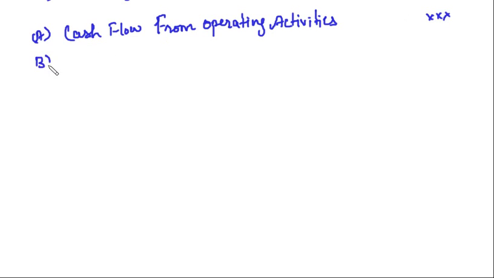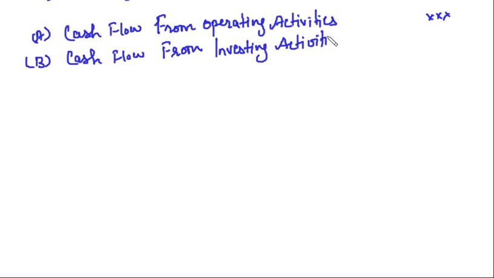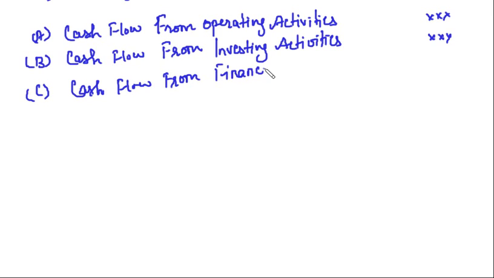B part will be cash flow from investing activities. Clear? Then C part will be cash flow from financing activities. Clear? You all know how to calculate cash flow under these three activities: operating, investing and financing.